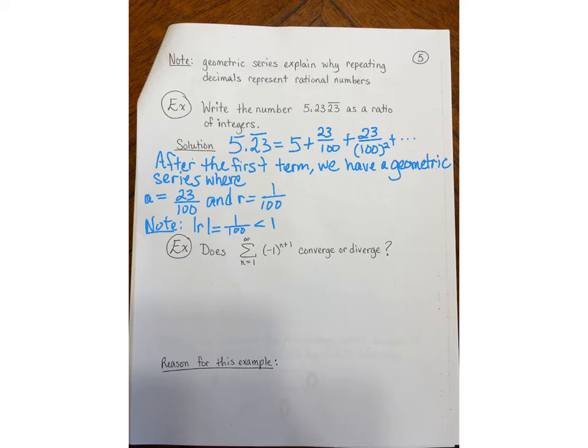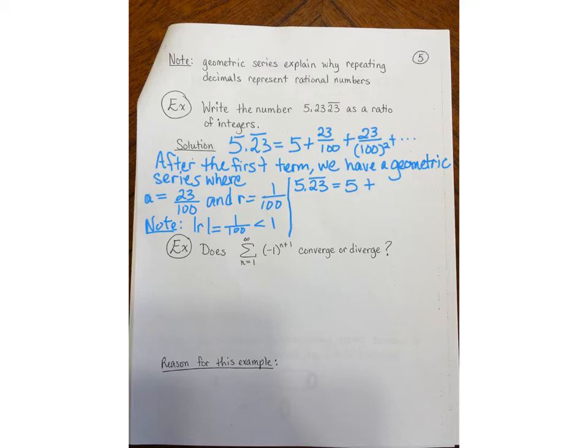So what can we say? We can say that 5.23 repeated is the same thing as 5 plus, since we know that after 5, this part is a geometric series, and we know what A is and we know what R is, we can write its sum.